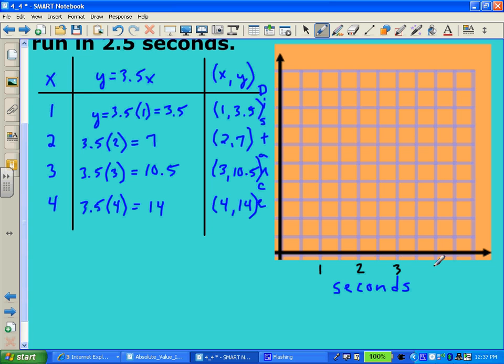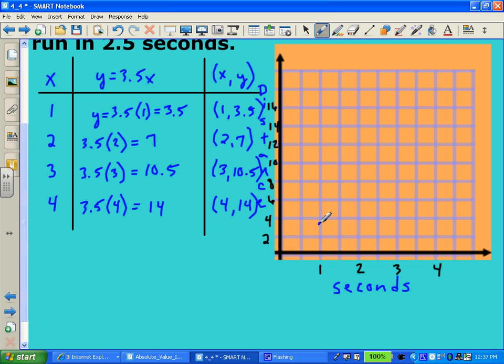Okay, for my seconds, I have 1, 2, 3, and 4. Whatever values I pick, I can put them on here. And then I have to get up to 14 in distance. I'm going to count by 2s. 2, 4, 6, 8, 10, 12, 14.